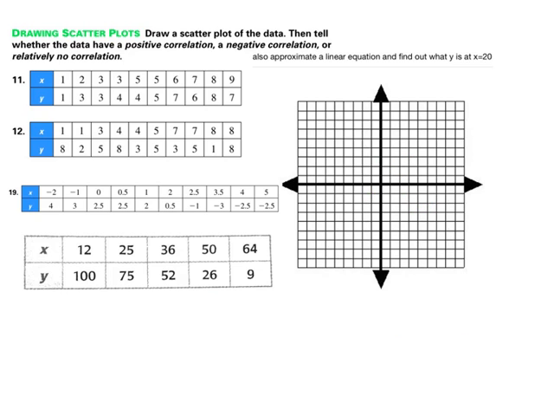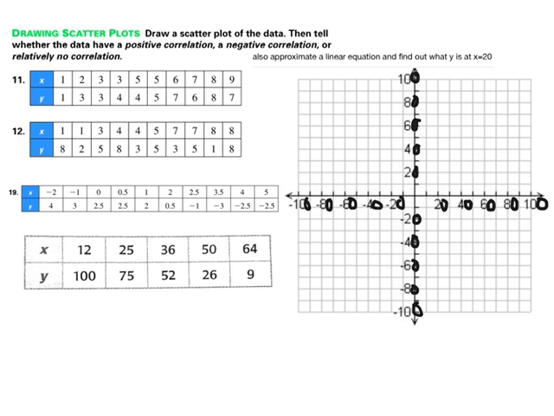All right, we're going to do one more. We got 12, 100. So we're going to scale this graph. Matter of fact, let me just get a different graph. Now our graph is scaled by tens.